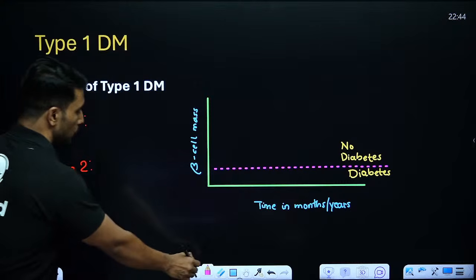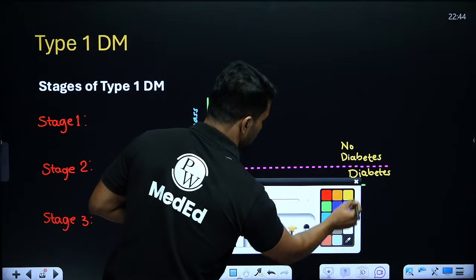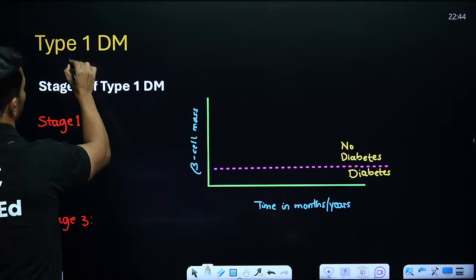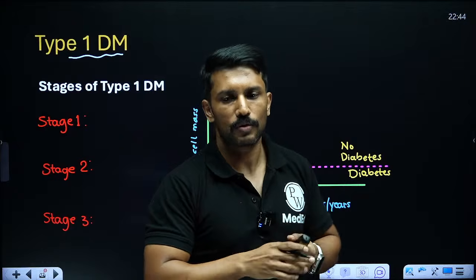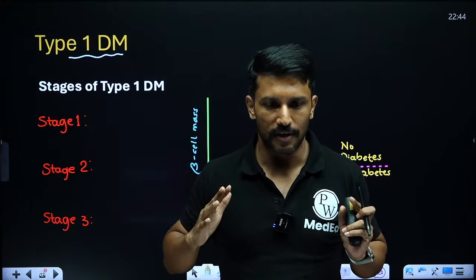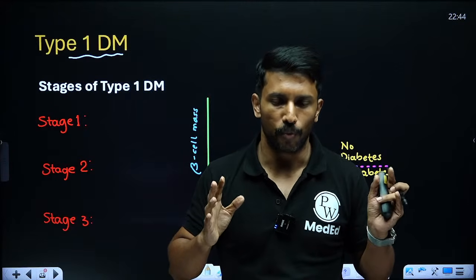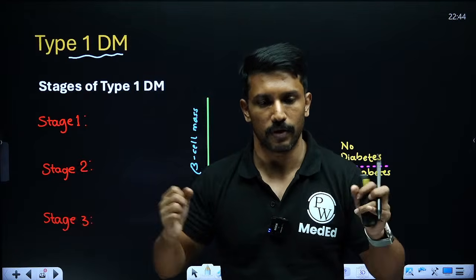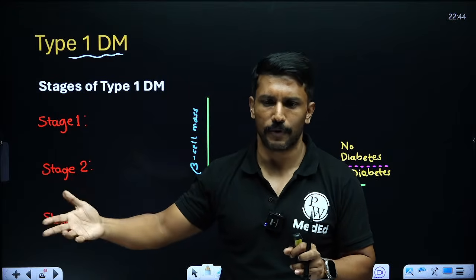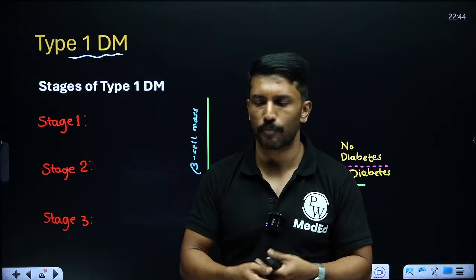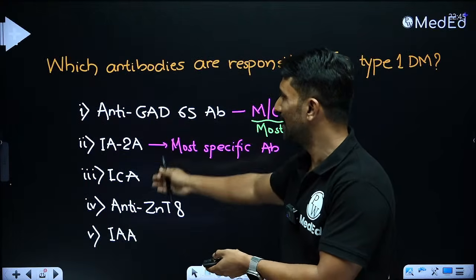Now, what is the natural course of the disease when someone develops type 1 diabetes? The disease progresses through stages. Let us say I have this genetic preponderance, the PTPN22 polymorphic variation that increases the risk of developing type 1 diabetes. And then let me say I got some viral infection, it triggered autoimmunity, and my body started producing these antibodies that we just listed.